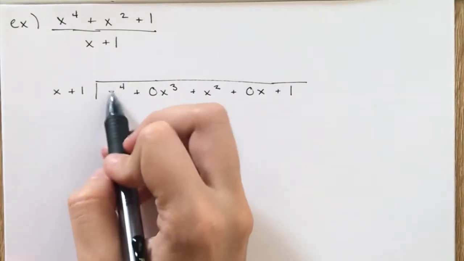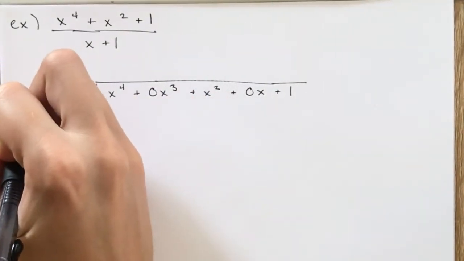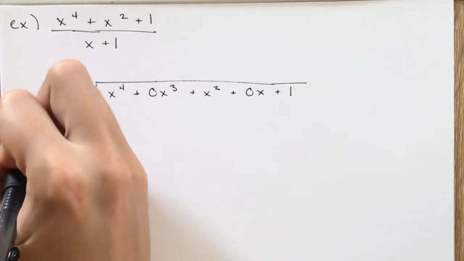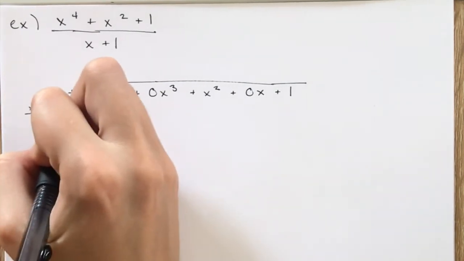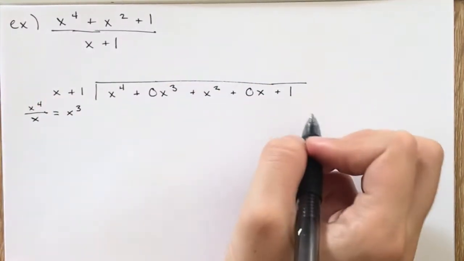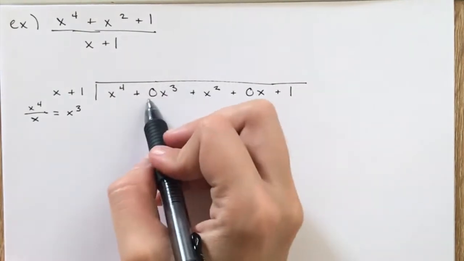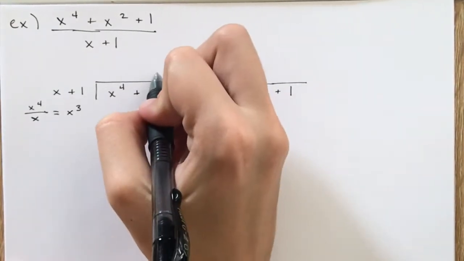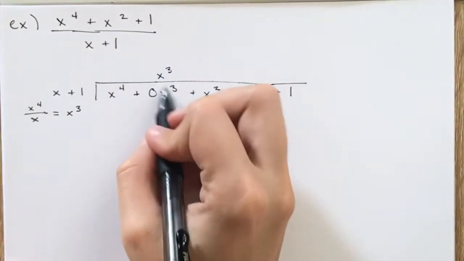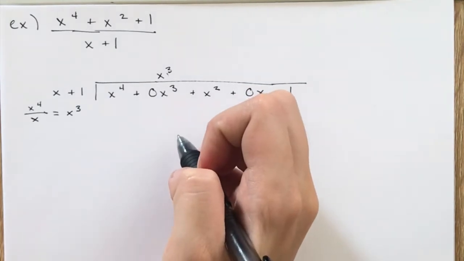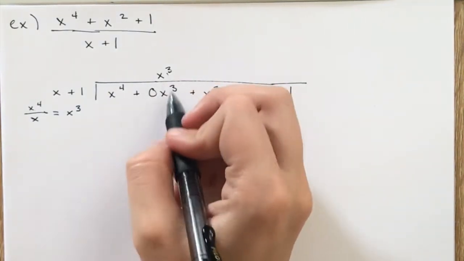First things first, we want to divide first term by first term. So we have x to the fourth divided by x equals x cubed. X cubed needs to go above 0x cubed. If we didn't have that placeholder, we wouldn't have anywhere for this x cubed to go. So again, very important.